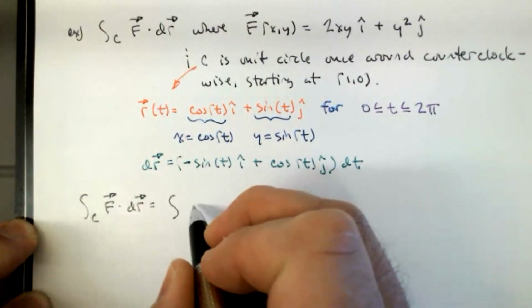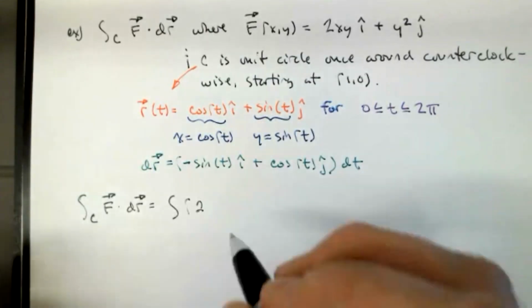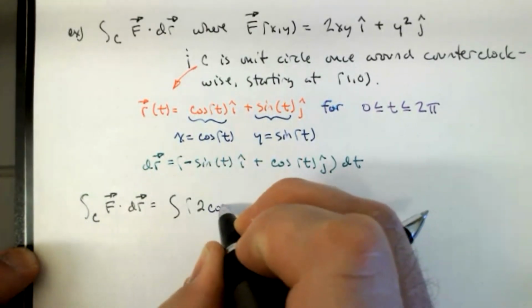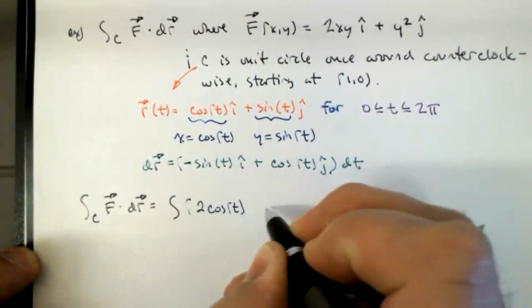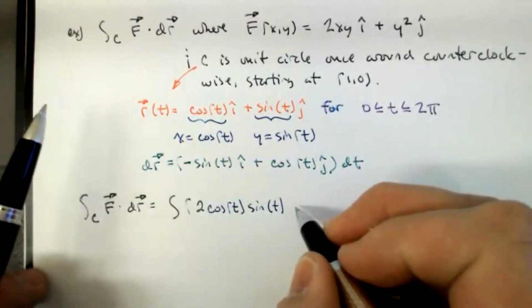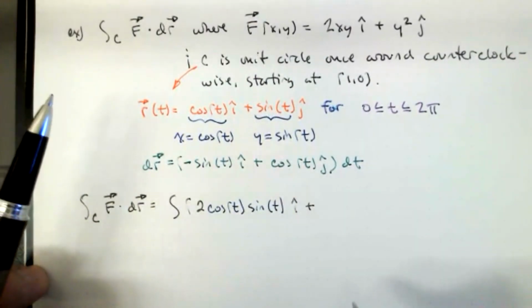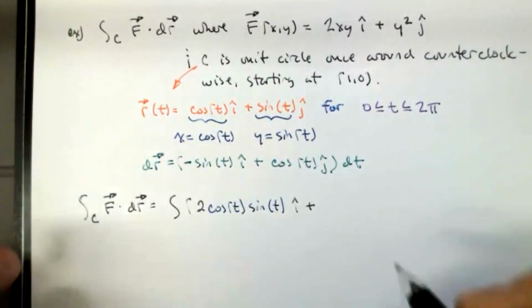So F is 2 times cosine of t sine t times i plus sine squared t times j.